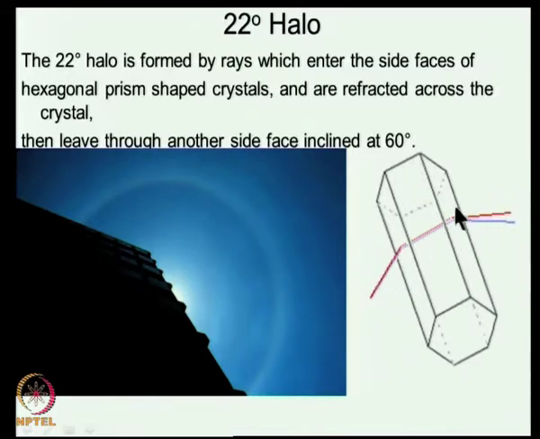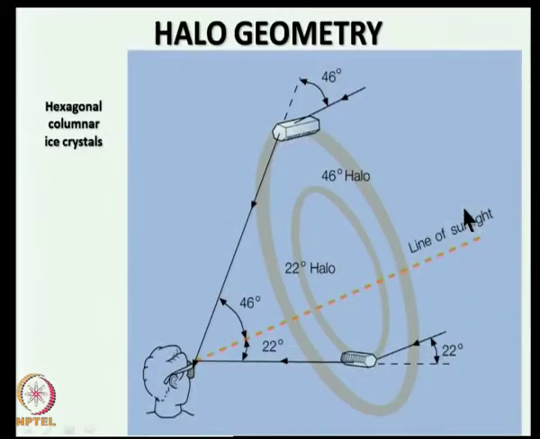So, they enter through one face and go out another face, and as in the case of rainbow, there is a dispersion. So, you should see some color, but the color is not very strong, and so you may not see it so distinctly, but it is there. Careful photography has revealed there is a rainbow like structure there.